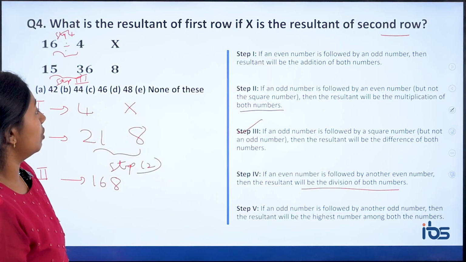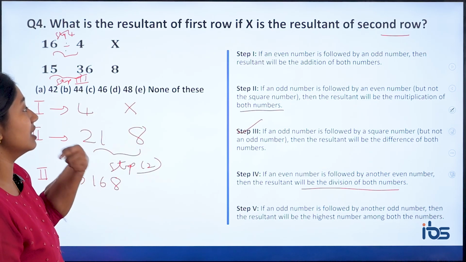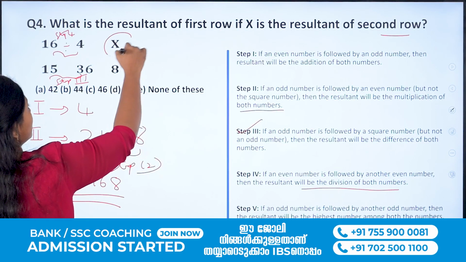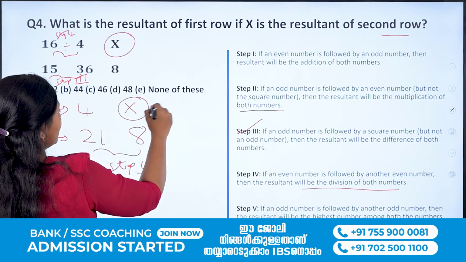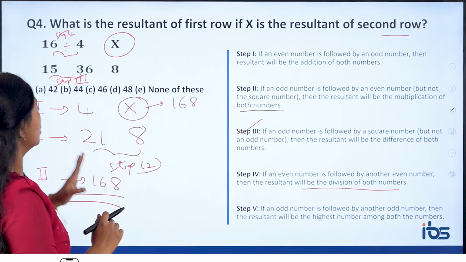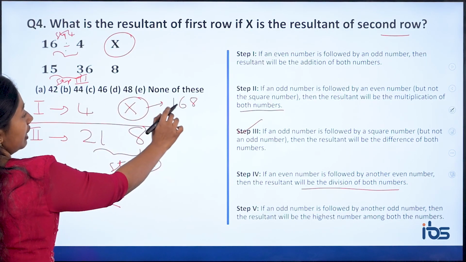So what they are asking: what is the resultant of first row if x is the resultant of second row? The resultant of second row is 168, so you have to substitute 168 for x. First row is 4 and 168.